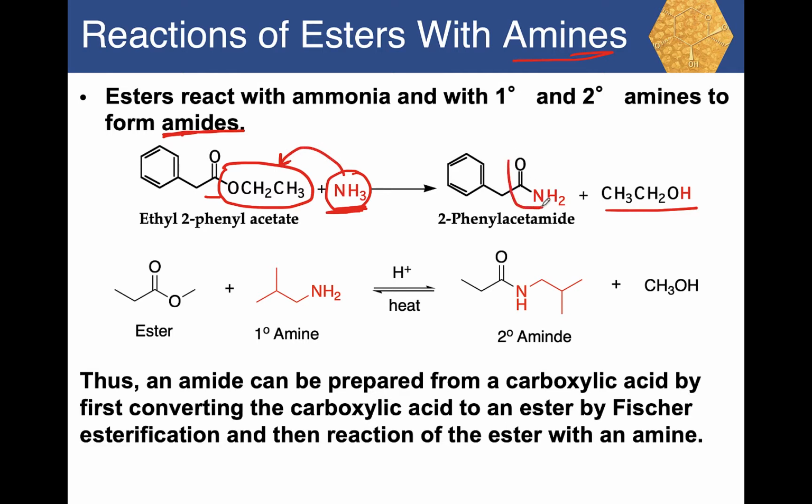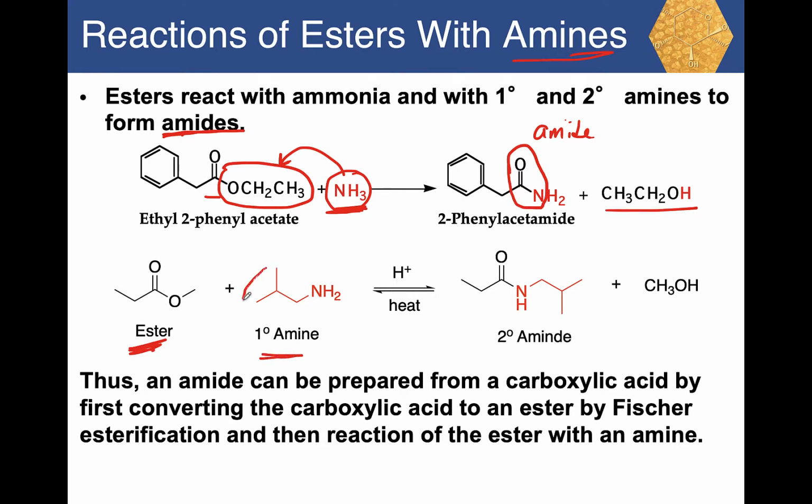You recognize this group here to be the amide. In this case, it's a primary amide because it just has one group bonded to the nitrogen and 2 hydrogens. So with that in mind, can you predict the product of this reaction of this ester with this primary amine?